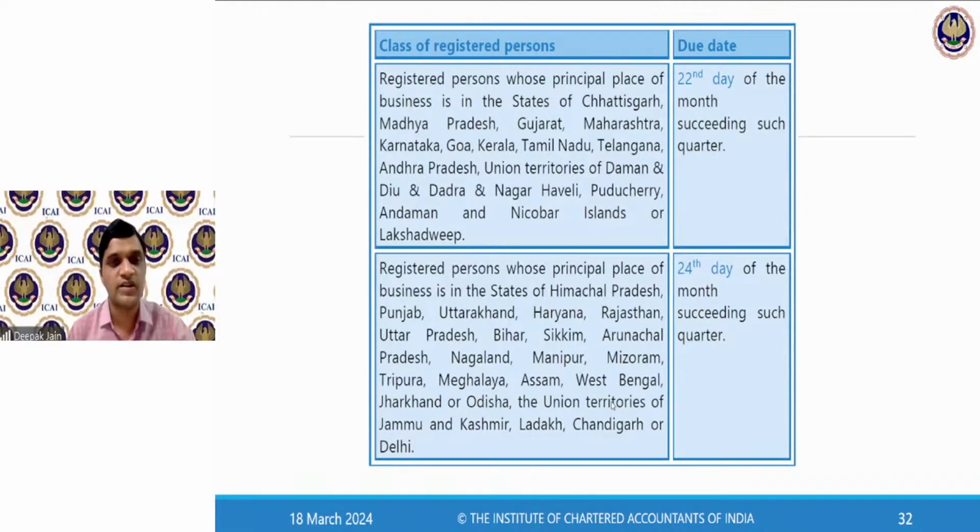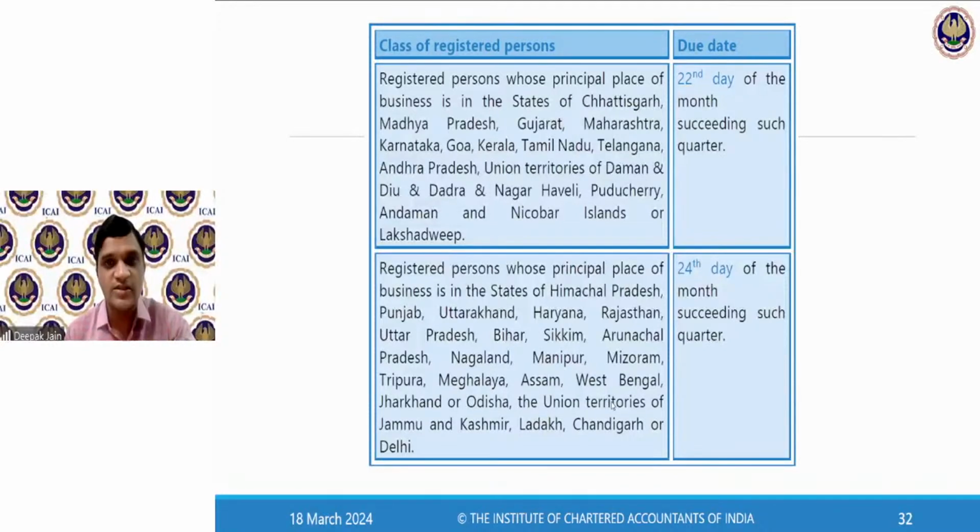So based on which state you have taken registration, that will be the registration state. Like if you are having multiple registrations and one registration is there in Chhattisgarh, one registration is there in Himachal Pradesh. So for Chhattisgarh returns, you have to file by 22nd. Okay. And for Himachal Pradesh, you have to file by 24th.